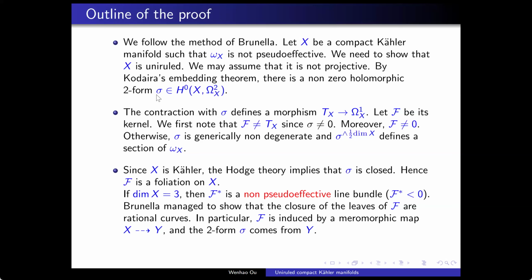To see this, Kodaira's embedding theorem says that X is projective if there is some rational cohomology class in H2 which is a Kähler class. But if there is no two-form, then by Hodge theory, H^{1,1} is exactly equal to H2. So by the openness of the Kähler cone, there must be some rational Kähler class in H2.